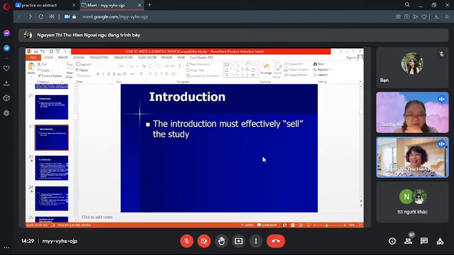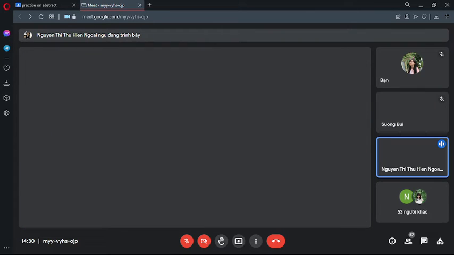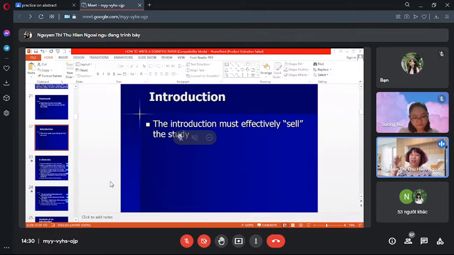Yes, that's correct. So "sell" means getting the attention of the readers so that they can spend time reading your article, right? Of course, when you publish something, you really want to have some readers. So it means that you are selling your article to readers. And if they refuse to buy your product, it means that you fail.